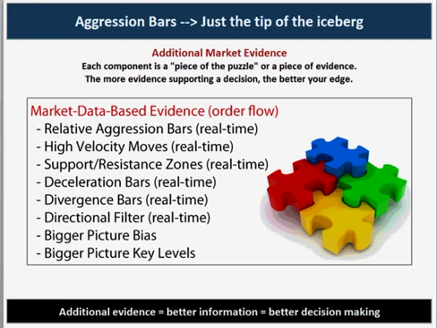We have these high velocity moves, real-time support resistance zones that form, deceleration and divergence bars, a filter to help you see the path of least resistance, and then the bigger picture key levels that we talk about. Because again, additional evidence, or rather quality additional evidence, gives you better information so you can make better trading decisions.